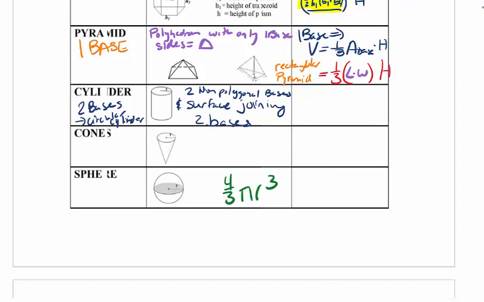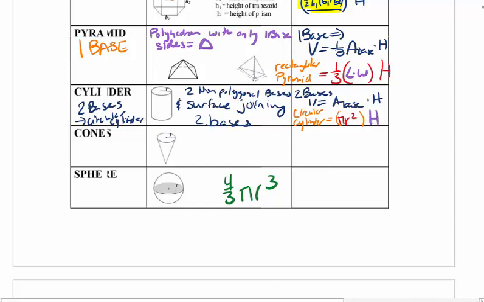Since I have 2 bases, my volume again is area of the base times the height. If I'm dealing with a circular cylinder, the area of my base we should know is pi r squared, and the height is still defined to be the distance between my 2 bases.